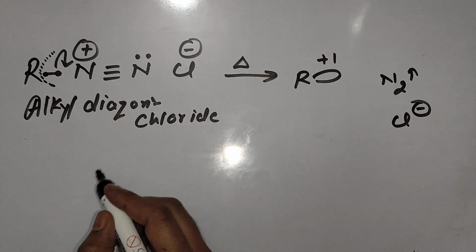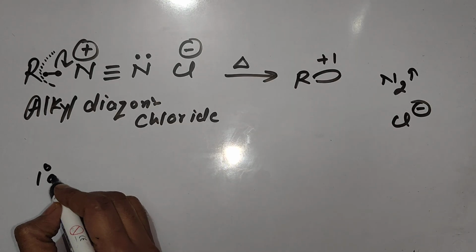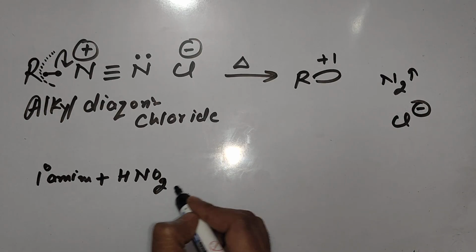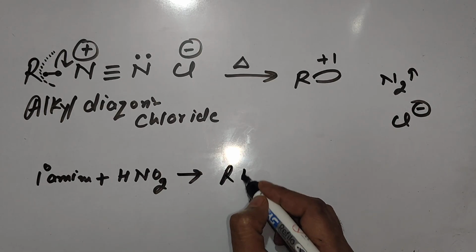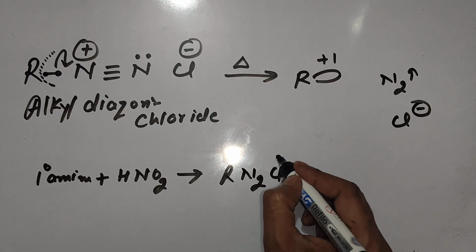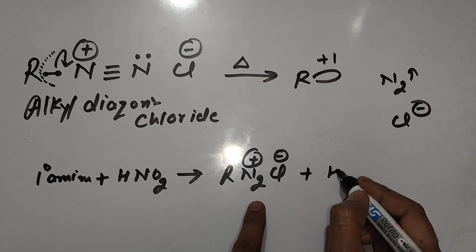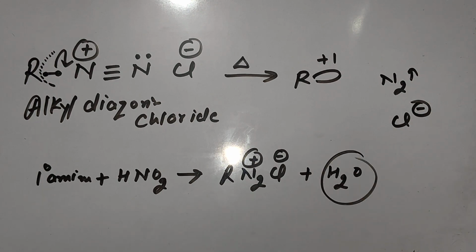But wait, when 1 degree amine and nitrous acid were reacted to produce RN2 positive Cl negative, this alkyl diazonium chloride, one more side product was generated there, H2O. Please check that mechanism.